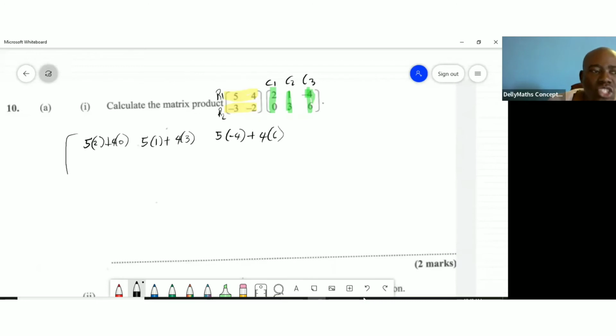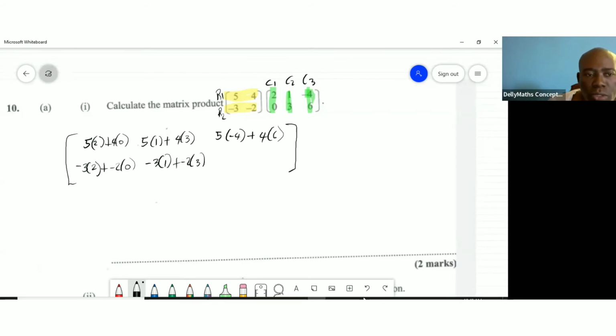Now we have just exhausted using row 1. So row 1 was used on column 1, column 2, and column 3. Now we're going to go with row 2 in a similar fashion. So -3 times 2 plus -2 times 0. Then we have -3 times 1 plus -2 times 3.